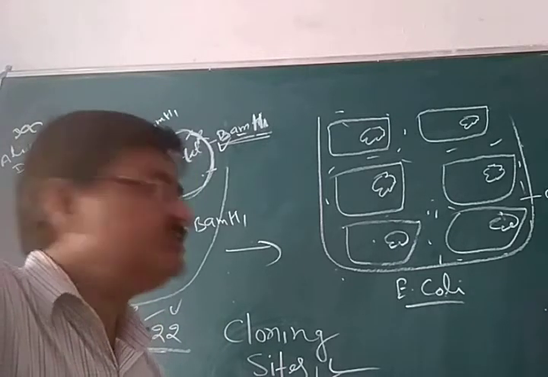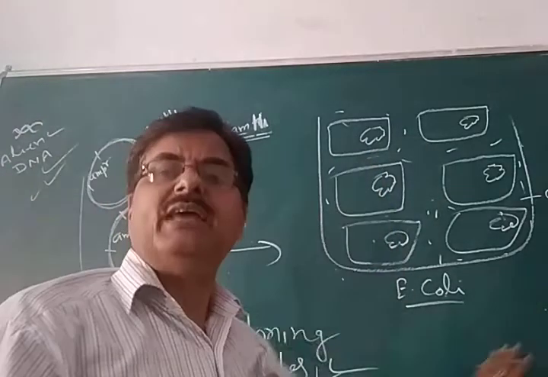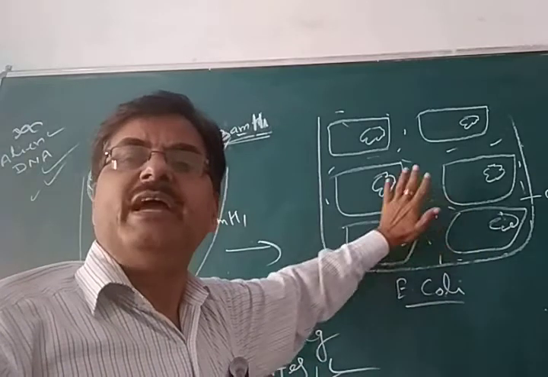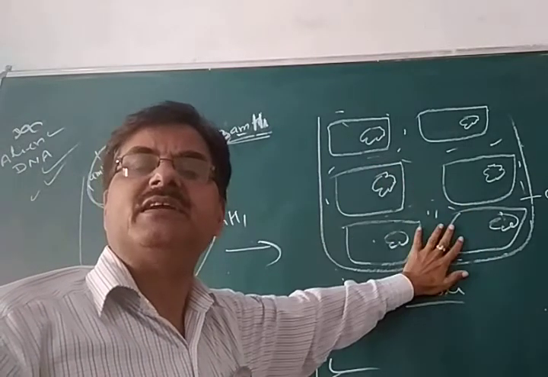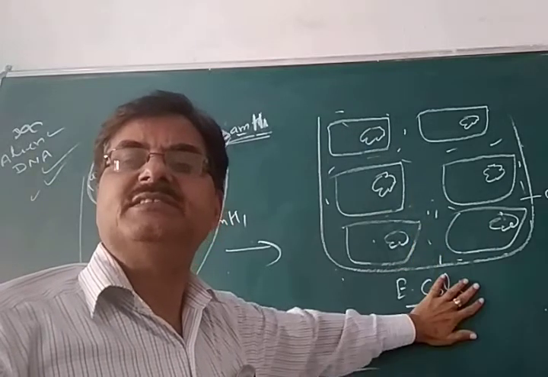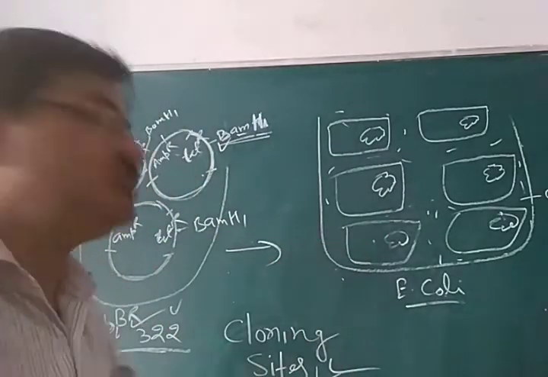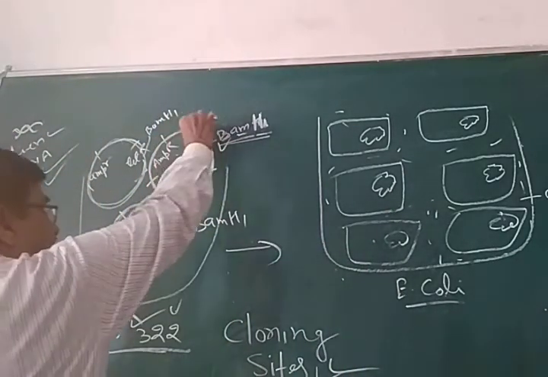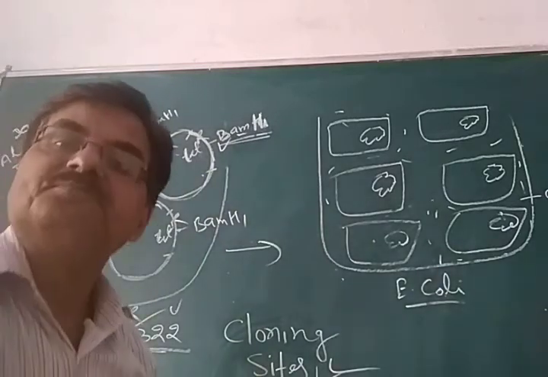Why do we use the antibiotic resistance genes? Because in the normal E. coli, there is no antibiotic resistance gene found. Means in the normal E. coli bacteria, there is no resistance against any antibiotic. Due to this, we can use the antibiotic resistance gene as the selectable marker.